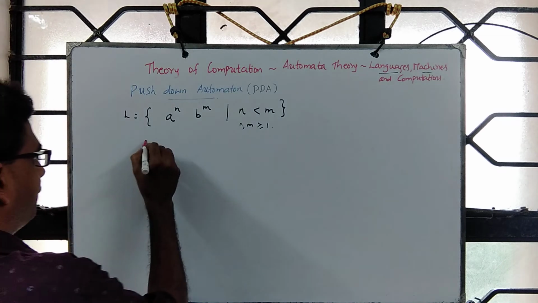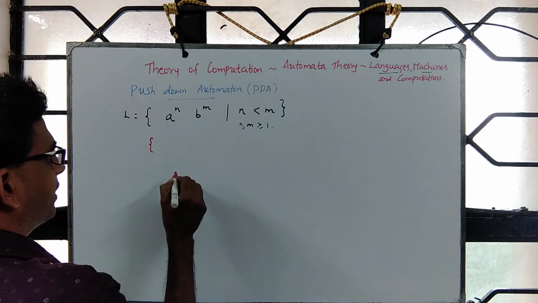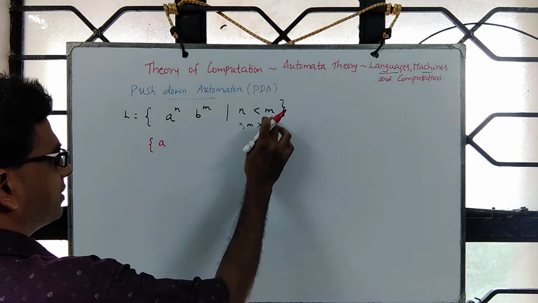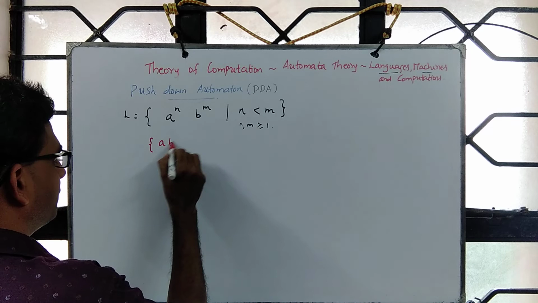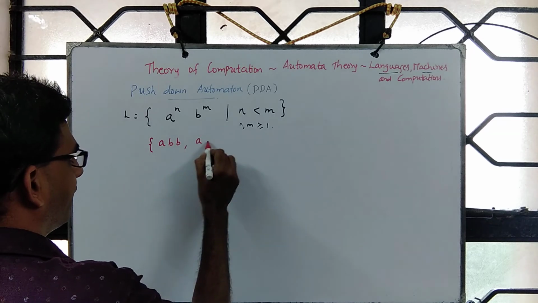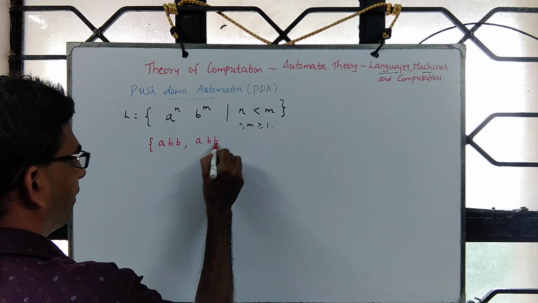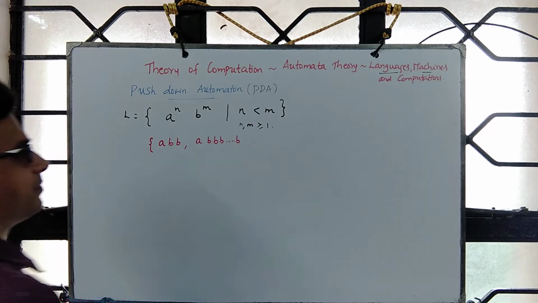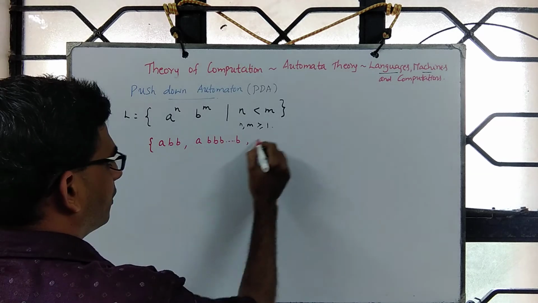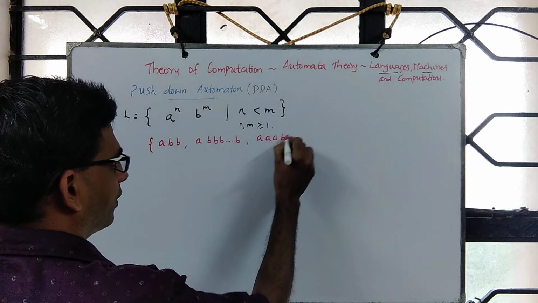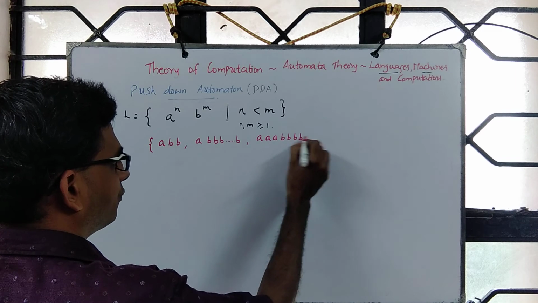What this says is, if you look at sample strings, if it is a, b is strictly more, which means a b b is valid, or a followed by b b, you can have any number of b's. So you can have a followed by at least 4 b's.